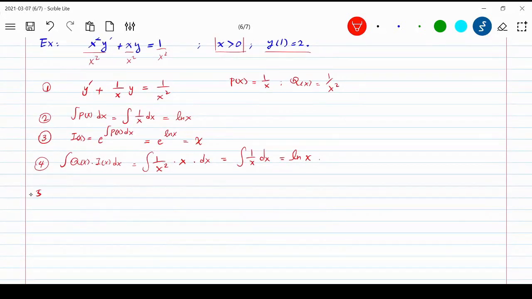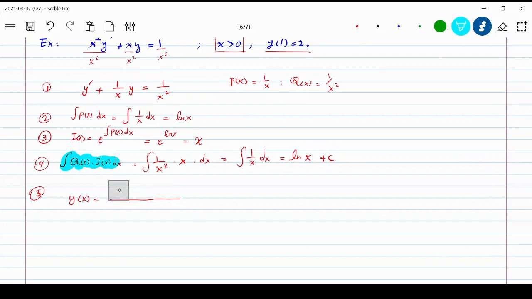Step 5, the solution. What is y(x)? Here I should add a constant c, because this is our last integration, and it's not the integration factor. So ln x plus c, the result that we get here from the q(x) i(x) integration.